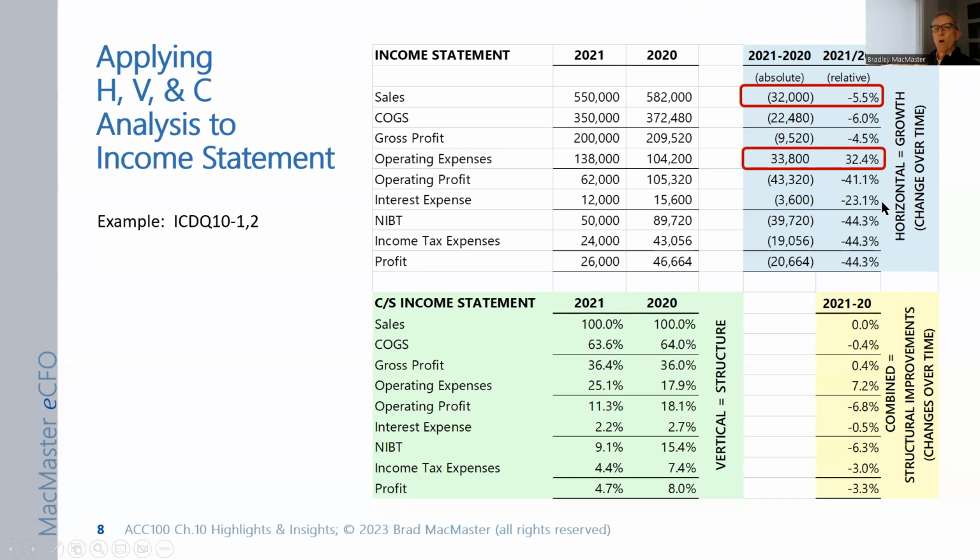Now, to corroborate what we've observed in the horizontal analysis, we want to conduct a vertical analysis, all right? Now, in the vertical analysis, we're basically creating what's called a common size income statement. And the way we create a vertical analysis is we take every item in a particular time period in the income statement, and we divide that item by net sales, all right?